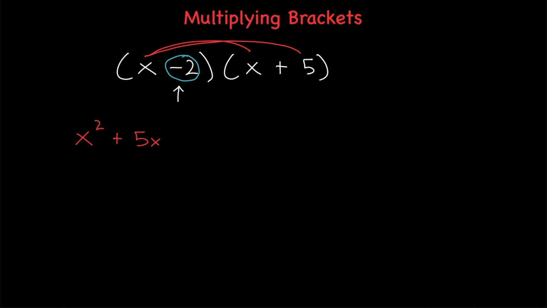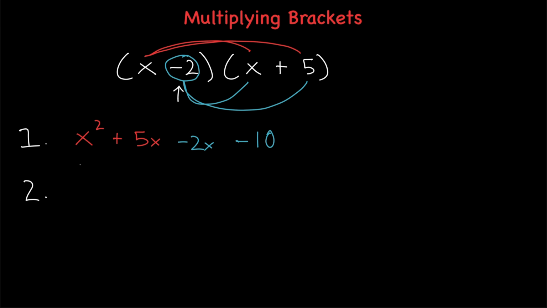And now here's where we have to be careful. So minus 2 times x is minus 2x. And then minus 2 times 5 is minus 10. And so then this is our expanded form in our first step. And then we can go on and collect like terms.